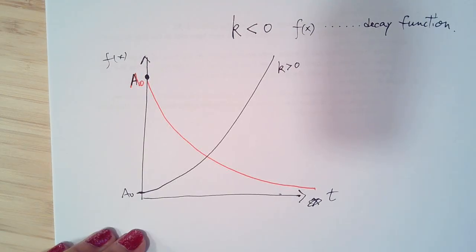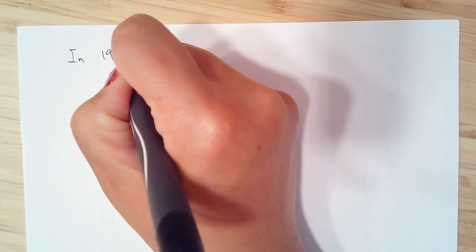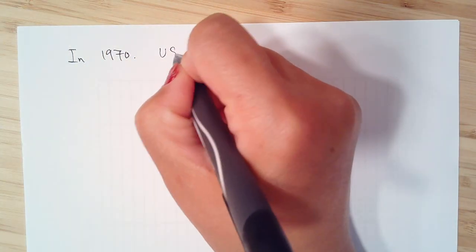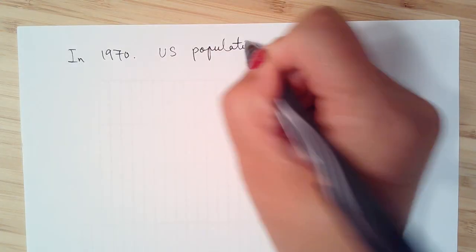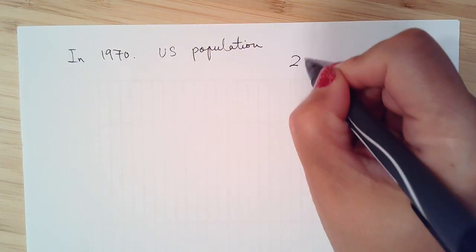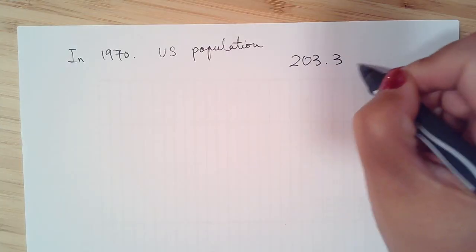Okay, I'm going to just give you one example to let you understand this. In 1970, the U.S. population is 203.3 million.